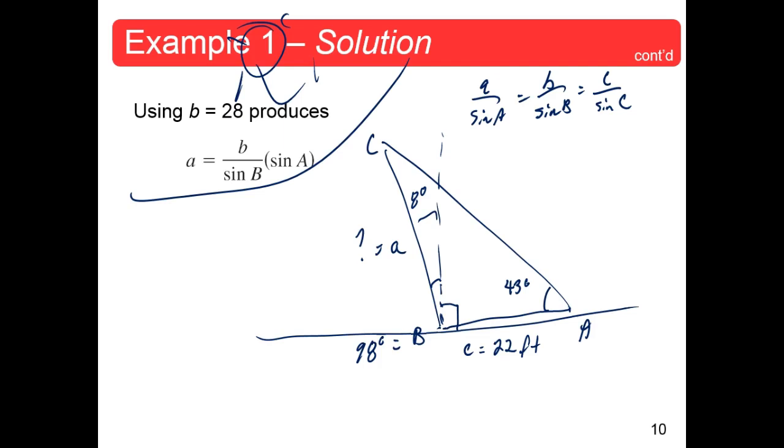Say again? I was asking, wouldn't C be one of the ratios? C over sine C? Is that what you said? Yeah, that's one of the ratios. Do we know that one? Okay. You see, this is the one we're looking for.